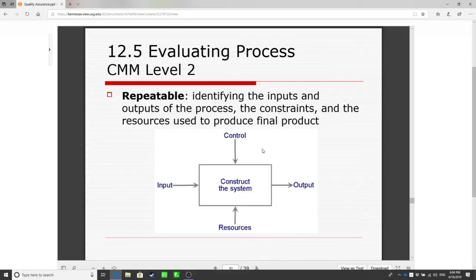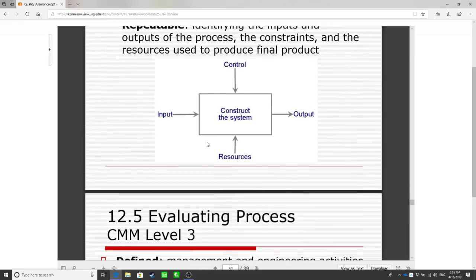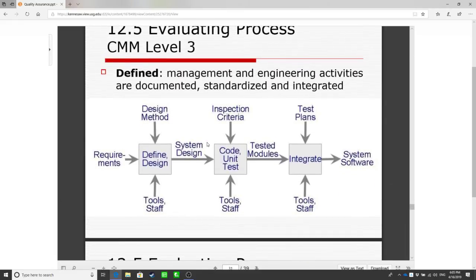Why is it called repeatable? Because if we have this model, providing the management, resource, requirements, and we know how to make the system delivered early, this kind of management and resource pattern may repeat for the next project. It's called repeatable. But if we want to go a level up, we go to level 3.